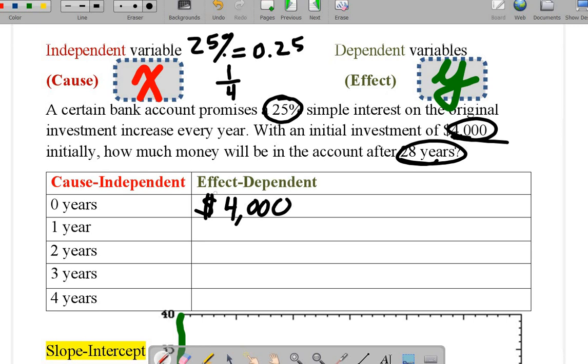After 1 year, you calculate 25% of 4,000. So 4,000 times 0.25, and that's going to be an additional $1,000. So after 1 year, we're going to have ourselves $5,000.